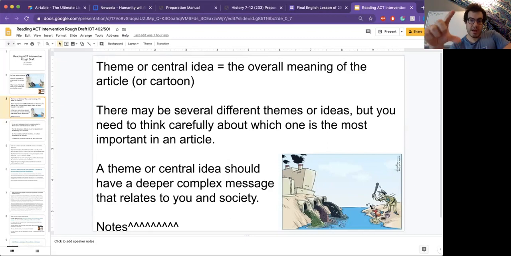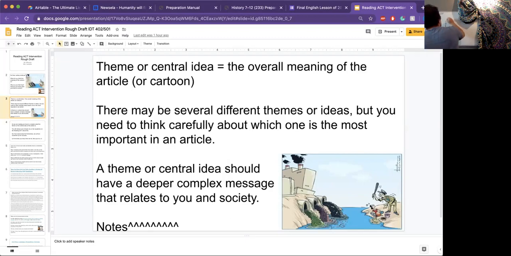So now that we've discussed this, I want you to write down these 3 little bullet points here about theme or central idea. Again, you can pause me now if you need to. You can pause me right now, no problem. And just write down all of these notes. You can write them right underneath your do now and label them whatever.